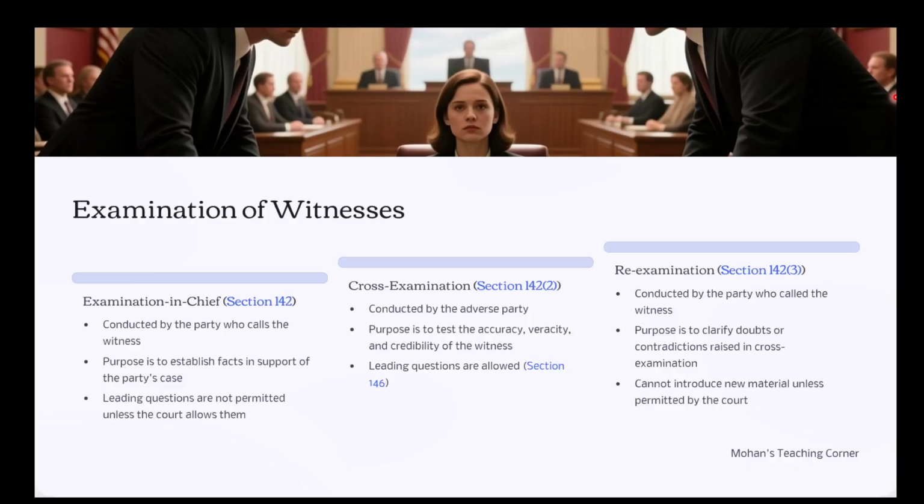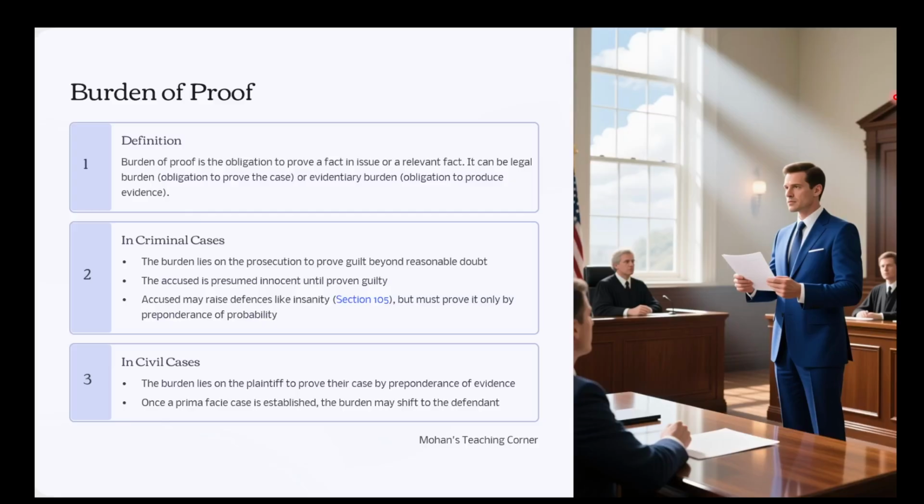So re-examination, Section 142(3), is conducted by the party who called the witness. Purpose is to clarify doubts or contradictions raised in cross-examination. Cannot introduce new material unless permitted by the court.